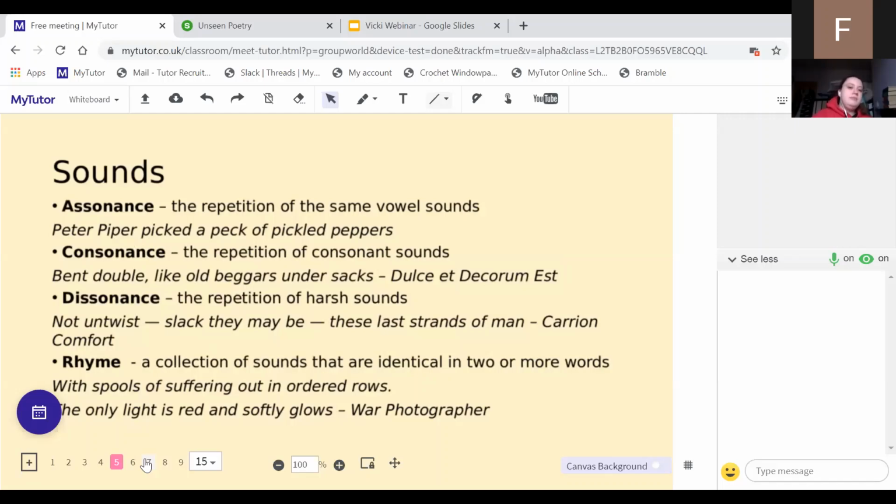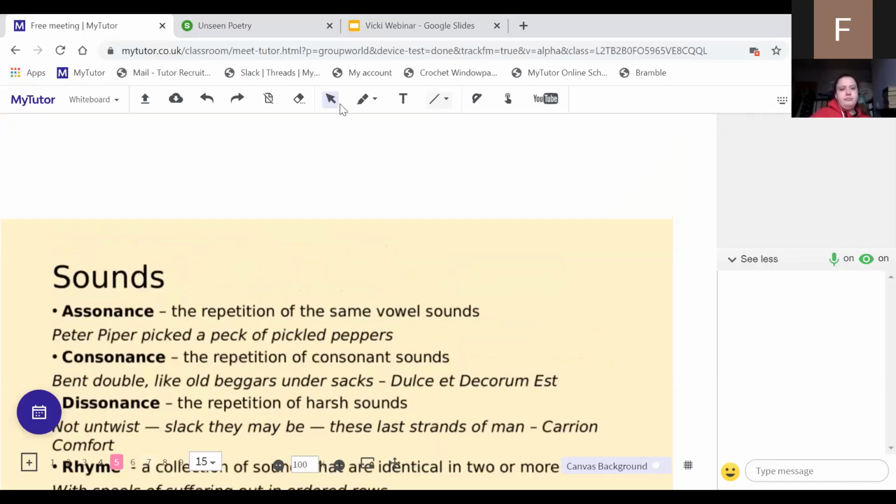Sibilance is a special type of alliteration, so the repetition of an s or sh sound across two or more words that are either next to or very close together. So for example, the seagulls screeched and squawked, something like that. That's a rubbish example, but it is an example.